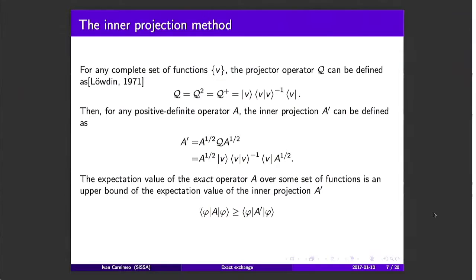In a more precise way, we define an operator on a given set of basis functions with an auxiliary basis function. And then if A is the exact operator, the projection is defined like this. So by means of this auxiliary basis function, of course, if the basis is complete, then the expectation value of the projected and of the exact operator is the same.